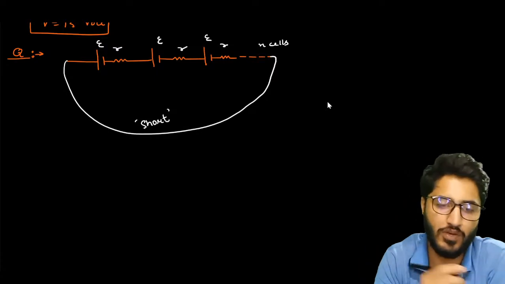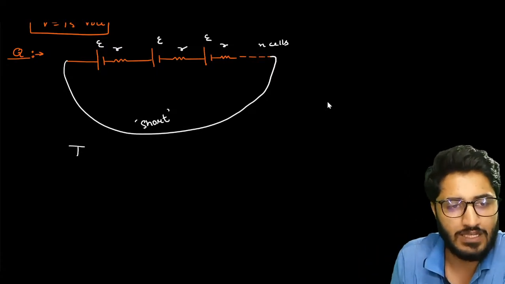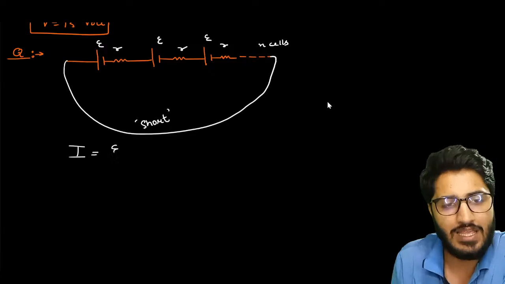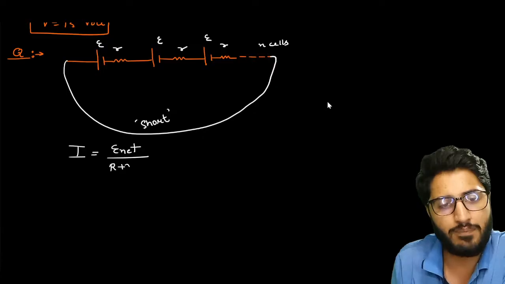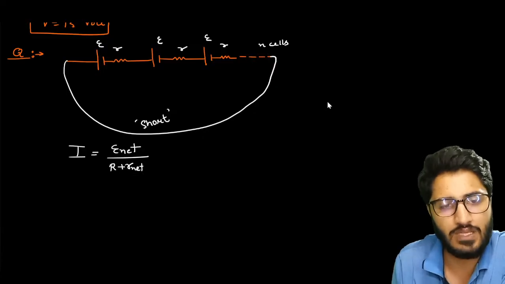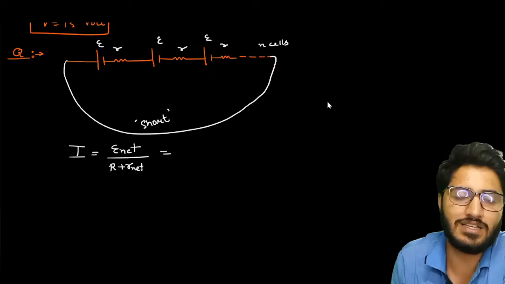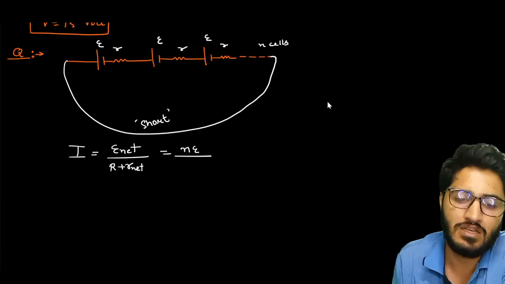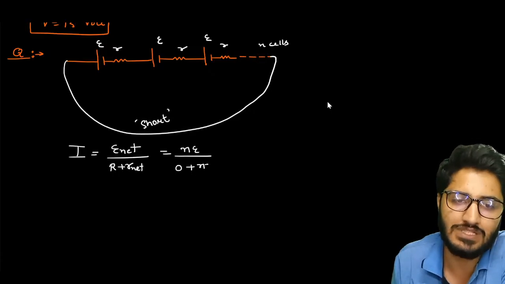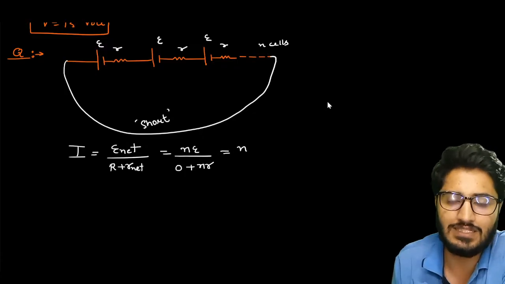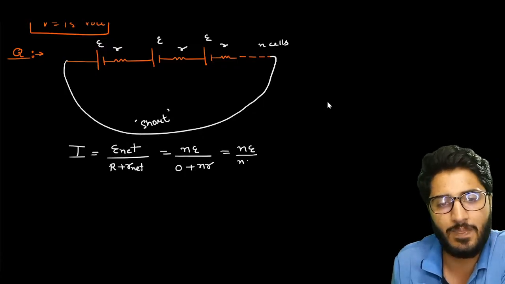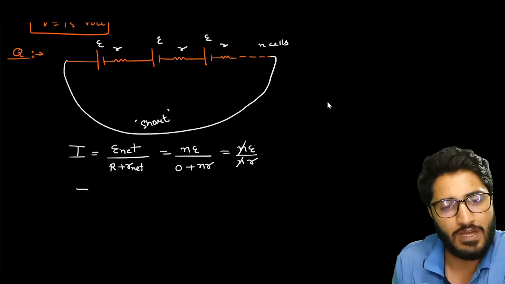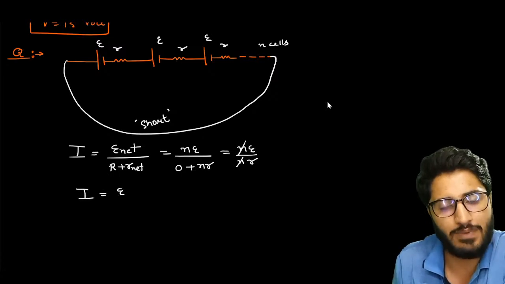What can we do from this? What is I now? Sir, one formula that we know, I equals E net divided by R plus r net. What is E net? If we have n number of cells, I can write nE. These are in series, R is 0, no R given. So r net will be n times r. So my answer is nE divided by nr. n cancels out, so I came out to be E by r.